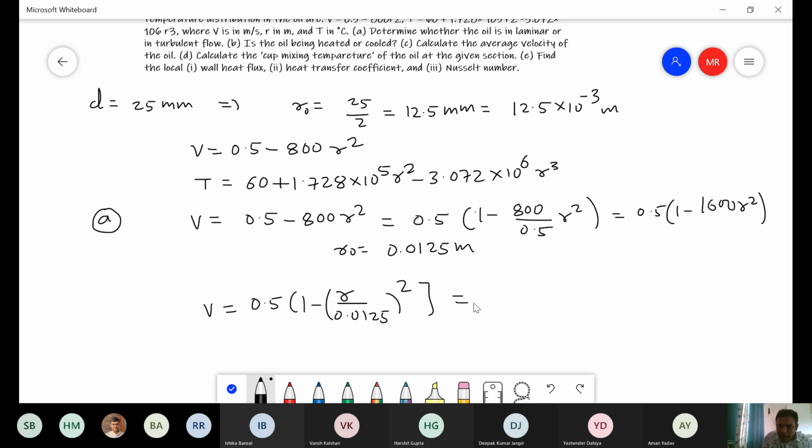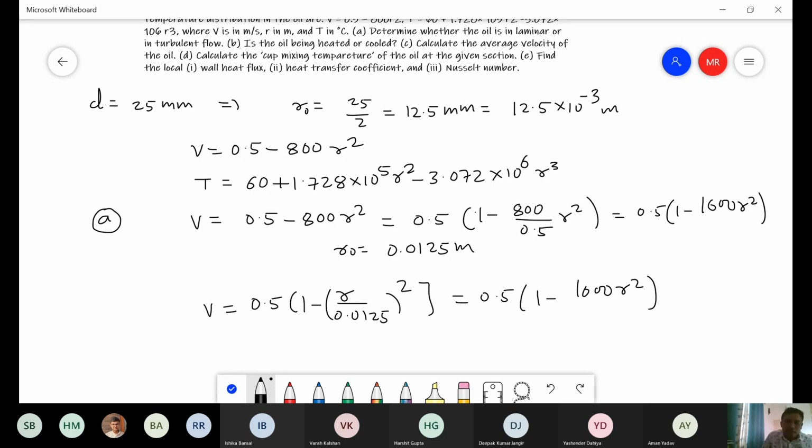This is exactly the same as what we have represented here, 1 minus 1600 R square. If I square the 0.0125 and take its inverse, it comes out to be 1600. So it's perfectly matching with the equation we have.